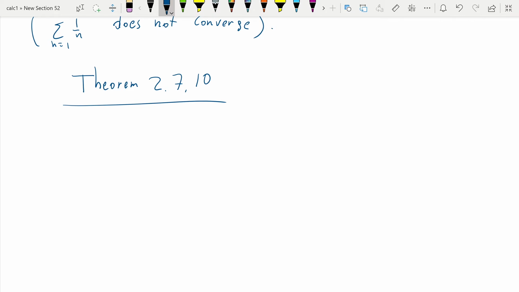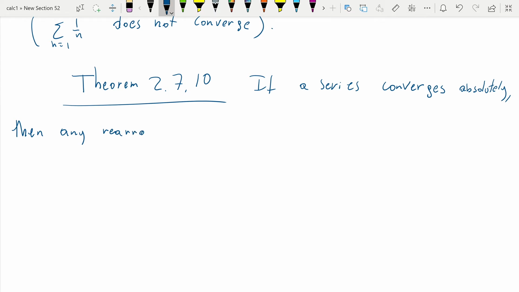Theorem 2.7.10 says that if a series converges absolutely, then any rearrangement of the series converges and does so to the same limit.